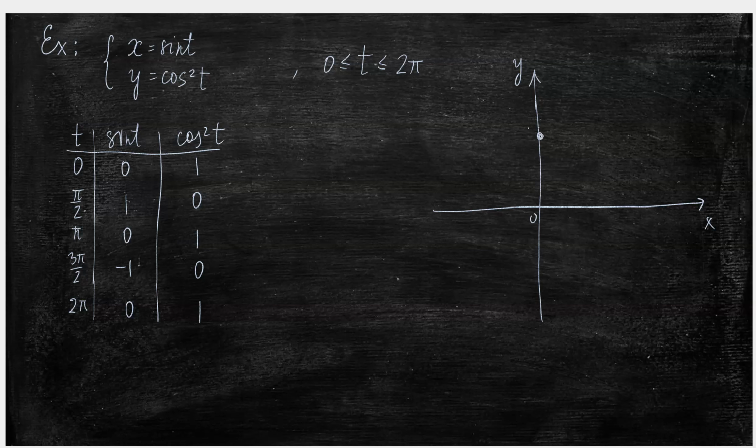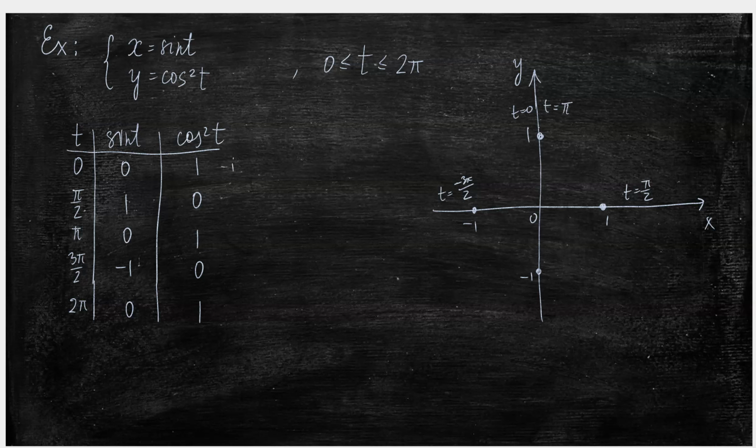So let's introduce the scale here. So we are here at t equals 0. Then at pi over 2, we go to 1, 0. So now we're here. Then at pi we go, interesting, we go back to 0, 1. So that's pi. Then at 3 pi over 2 we go to negative 1, 0. And at 2 pi we go back to 0, 1.